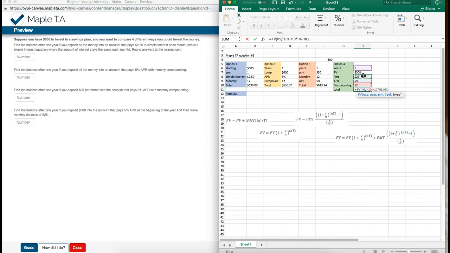So we have our present value of $300, and we are good. I think we have everything in there. Okay, so those are the 4 different options using Excel, and we could go ahead and type those in and press enter. How did I do? And in the next video, I'm going to go ahead and show you how to do the equations.